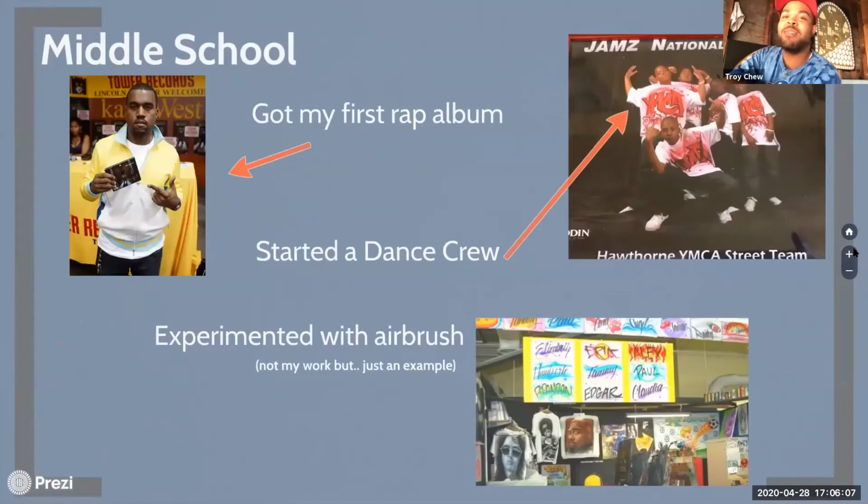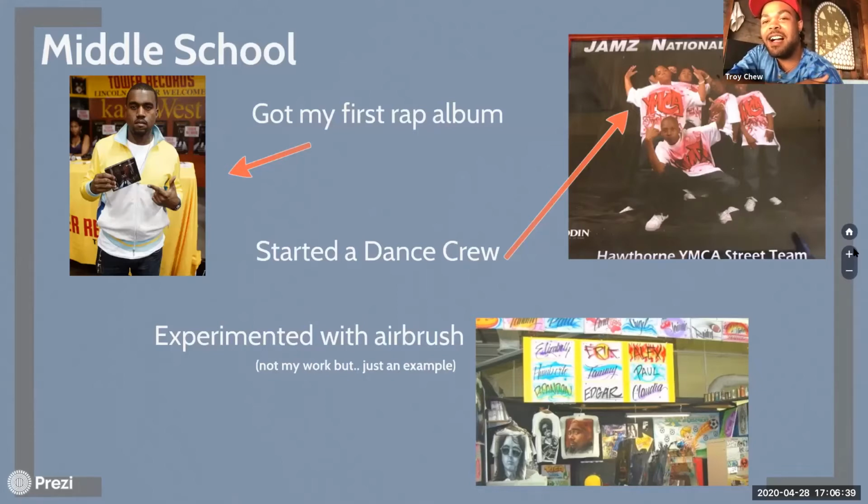Then in middle school, this is when I started to do even more art that I didn't really consider art. It was just me designing a shirt. I was also getting into music more. In hip hop culture, back in the 90s, it was a very fashionable trend to get airbrush shirts.